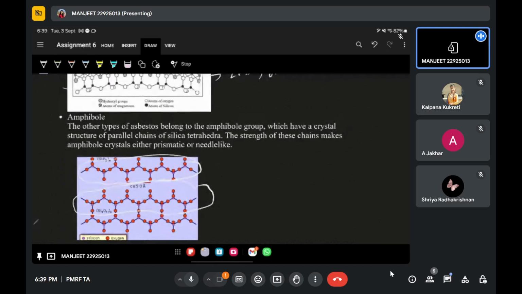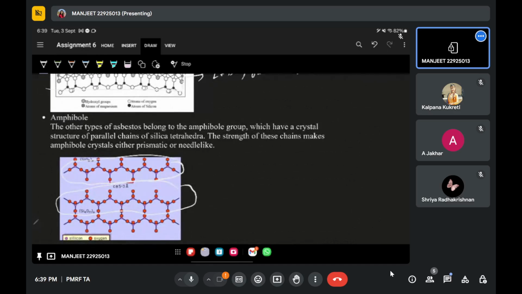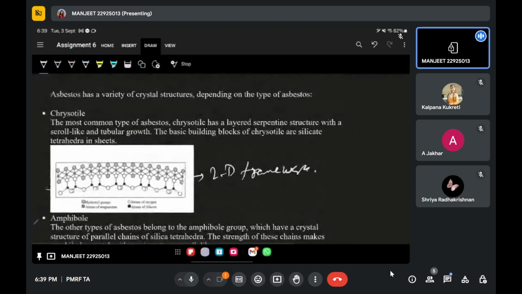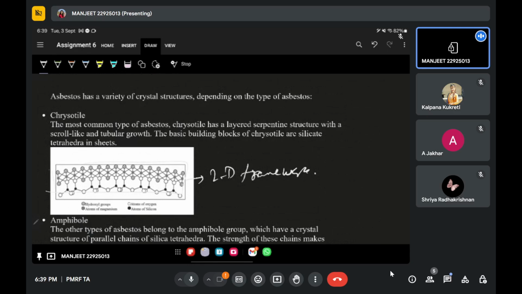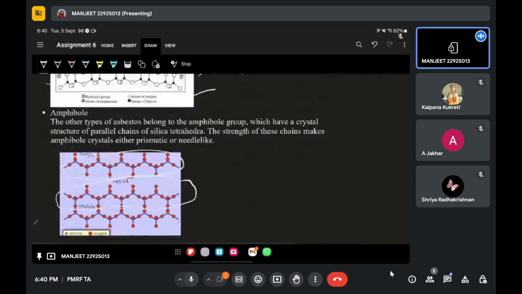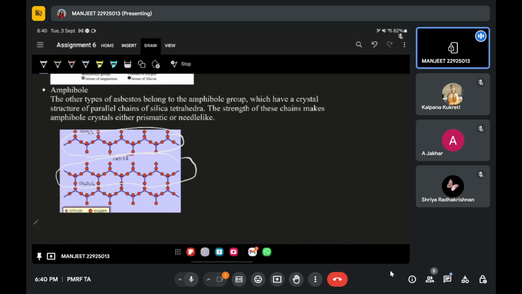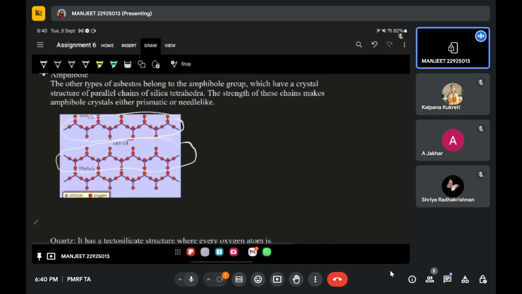So this asbestos has a 2D-like framework. In one case we have seen the sheet structure, and the amphibole has the needle-like structure. These are not in the 3D framework; they have parallel chains of silica tetrahedra.